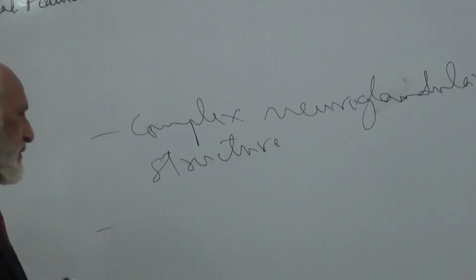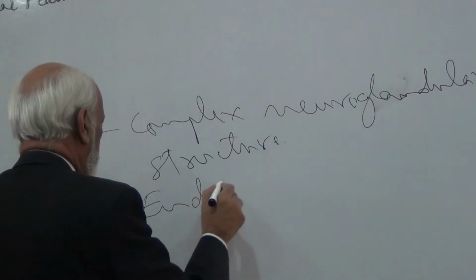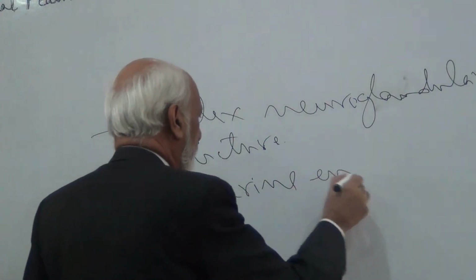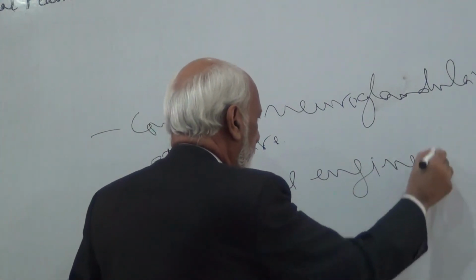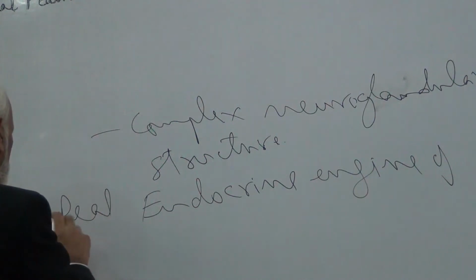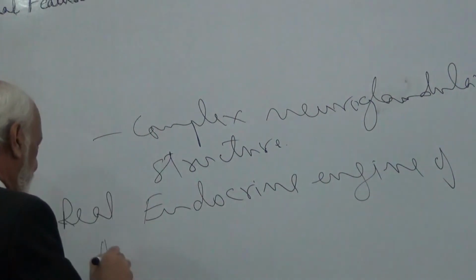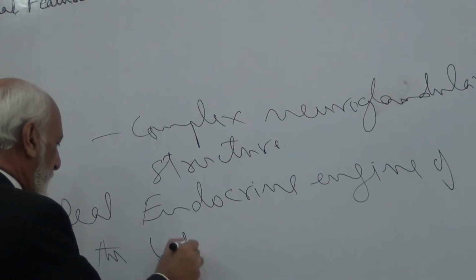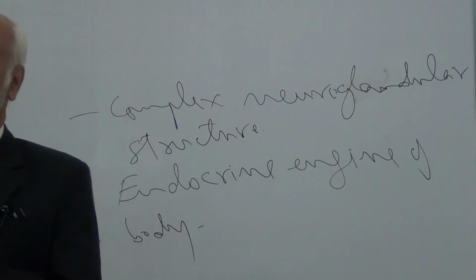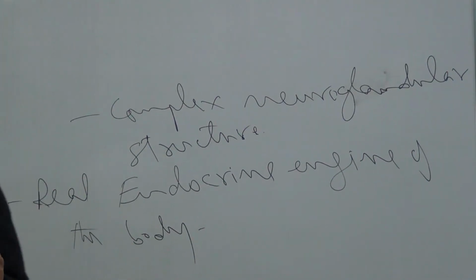Hypothalamus is the endocrine engine of the body. It is the real endocrine engine of the body, as it controls the secretion of most important hormones of the body.